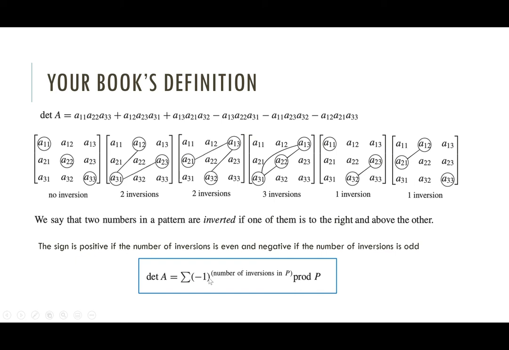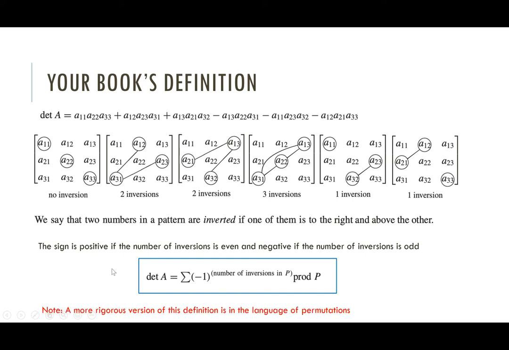So negative 1 to the number of inversions in a pattern, times the product of the entries in the pattern, and then you sum over all possible patterns, which is a lot. It's n factorial, which grows really quickly. But anyway, this is your book's definition of the determinant.